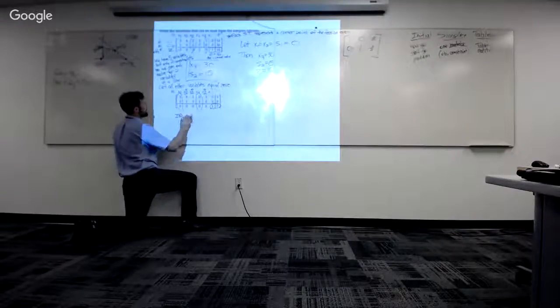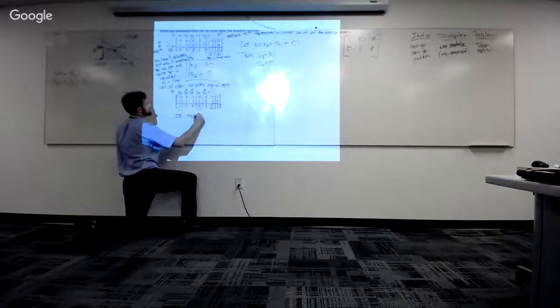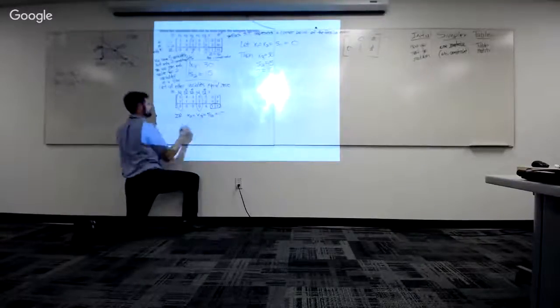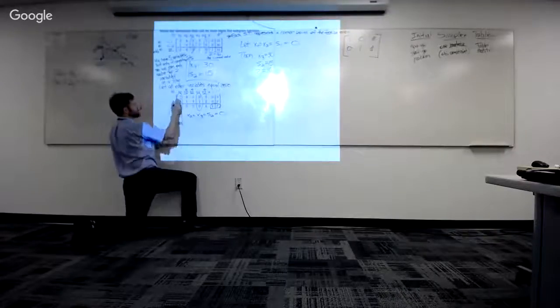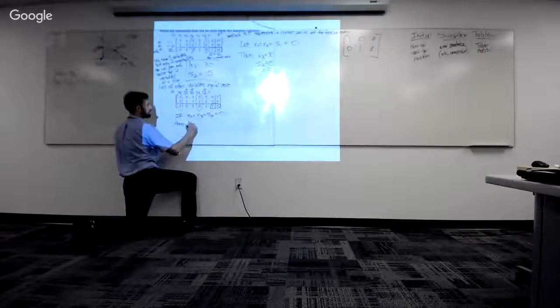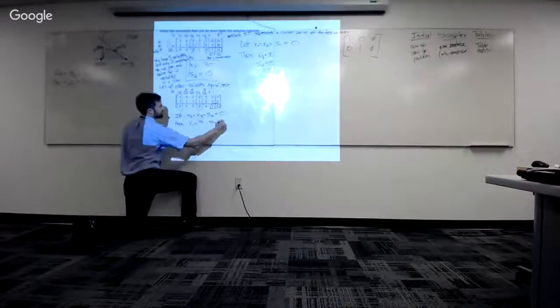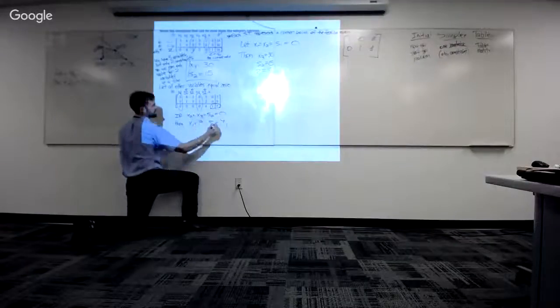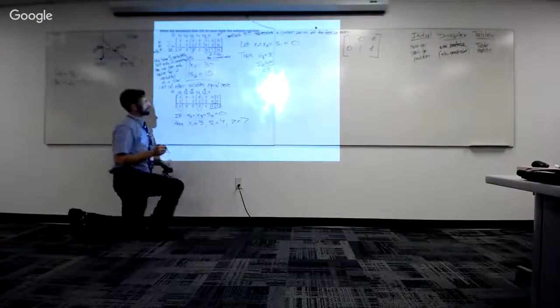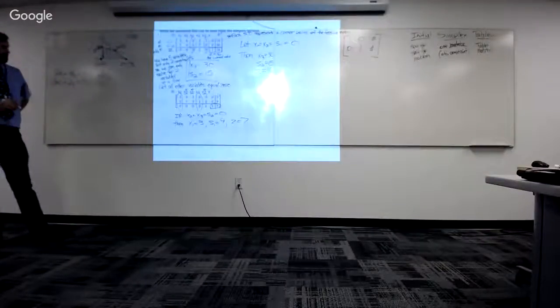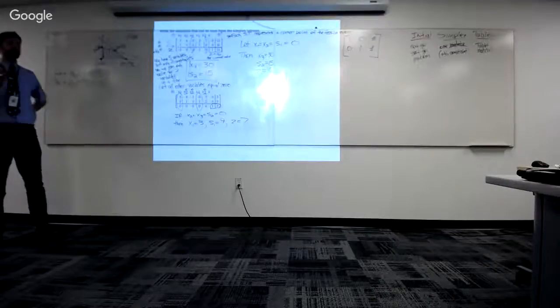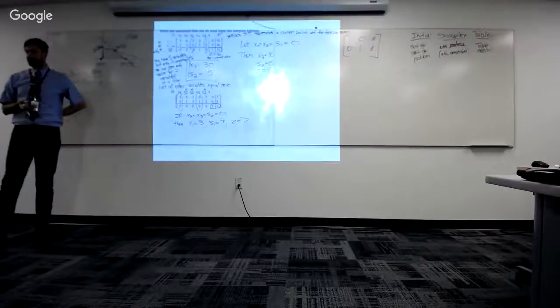So if x2, x3, and s2 all equal 0, then we've got x1 is equal to 3, and we've got s1 is equal to 9, and we've got z equal to 7. And that's what you can read from the simplex tableau.